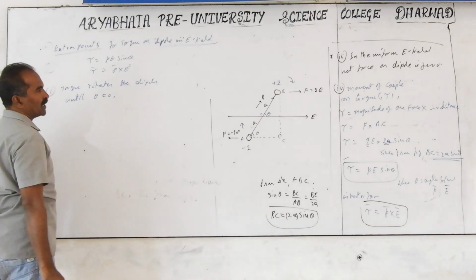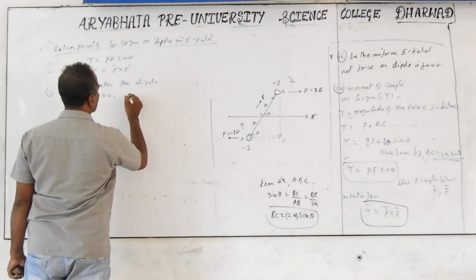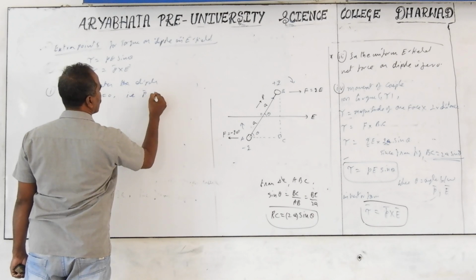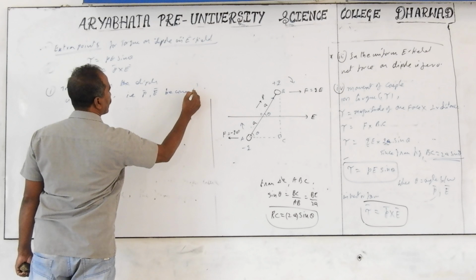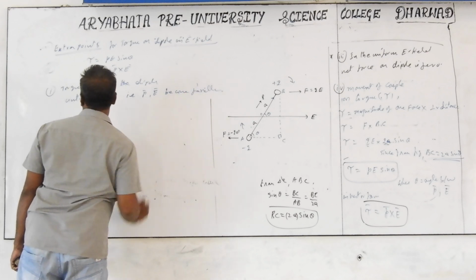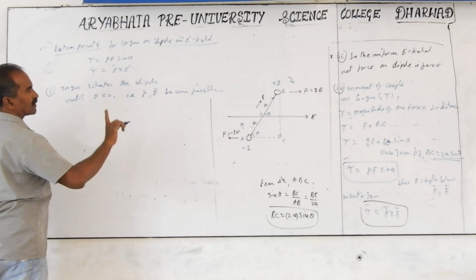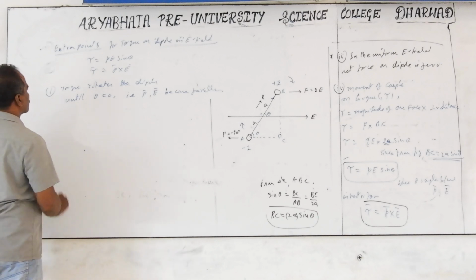Theta is 0 means what? P and E are in the same direction, that is, P and E become parallel. Until then, the torque rotates. The effect of torque is rotation.